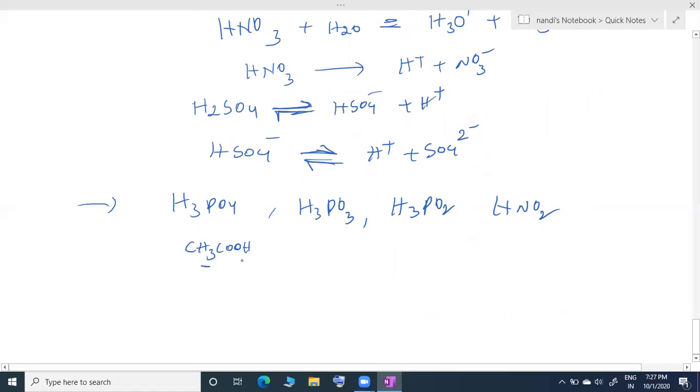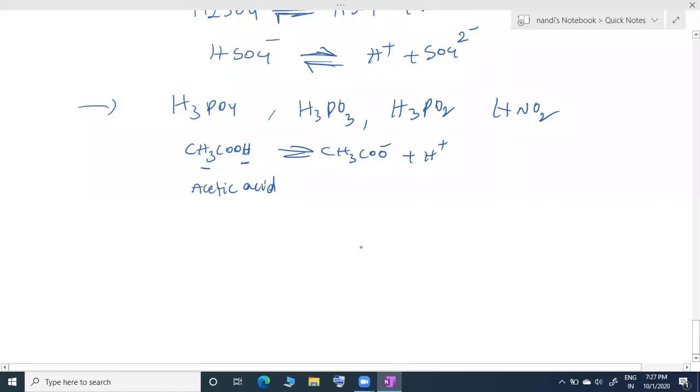This is also hydrogen, this is also hydrogen, but the one ready to release is the hydrogen attached to oxygen. So we get CH3COO minus plus H plus. This is what we call acetic acid, the main component in vinegar. So I hope you got the meaning of acid.